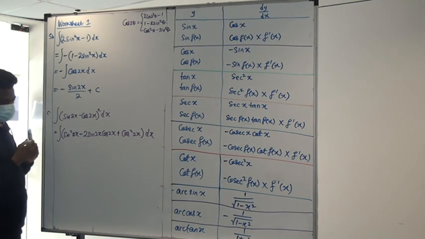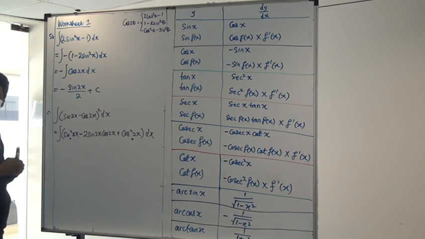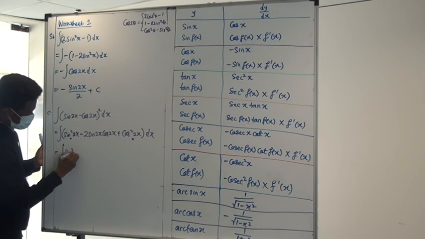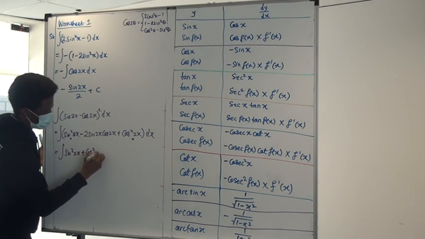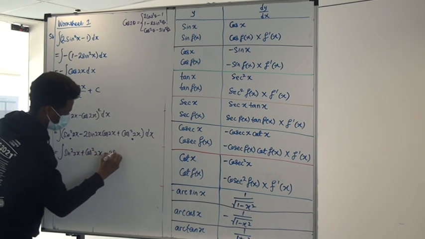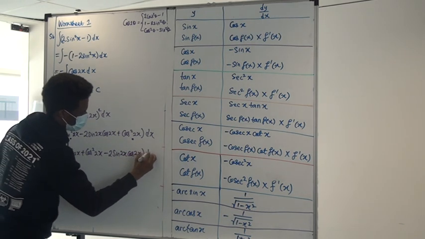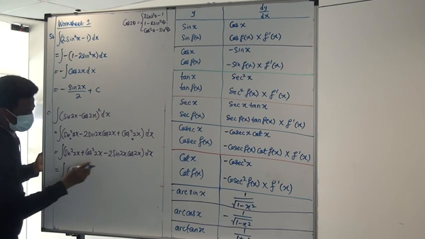Okay? These two can come together. Sine squared theta plus cos squared theta is what? 1. So this is sine squared 2x plus cos squared 2x. Of course, you can write 1 straight away. Minus 2 sine 2x cos 2x dx. The first two gives 1. What about this one?